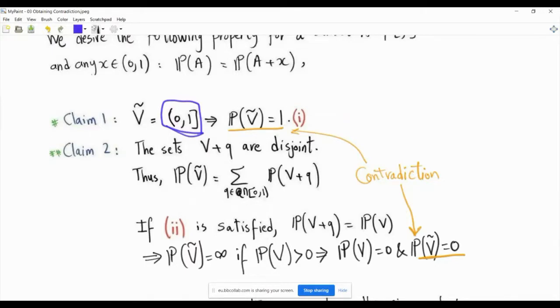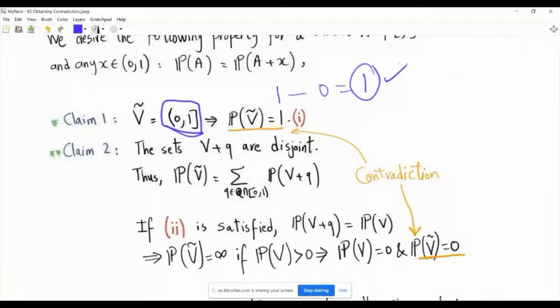So it is an interval, and according to what we desire, we want to assign to intervals probabilities equal to their length. So the probability of V tilde should be the length of this interval, which is 1 minus 0, so it is equal to 1.